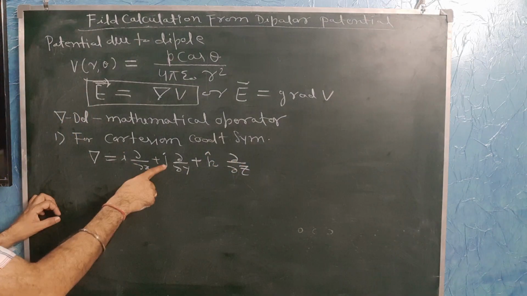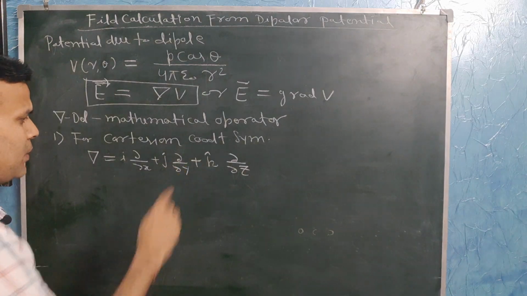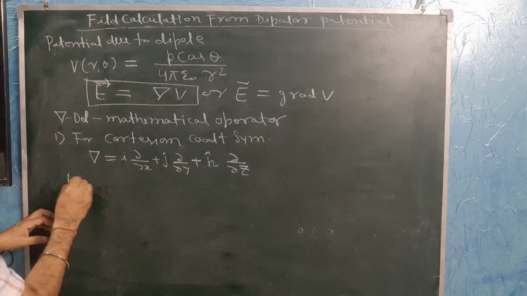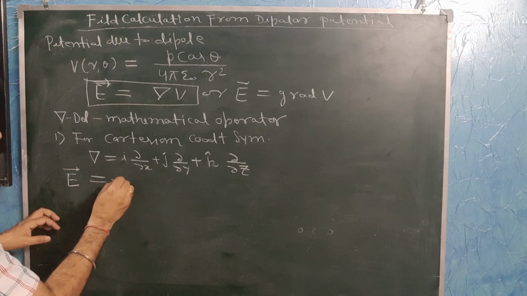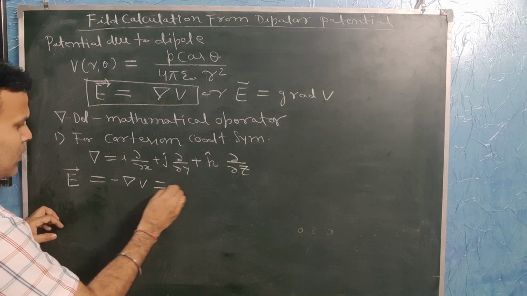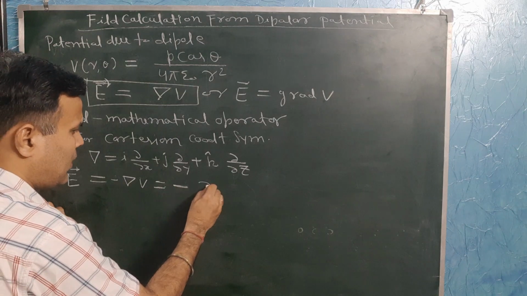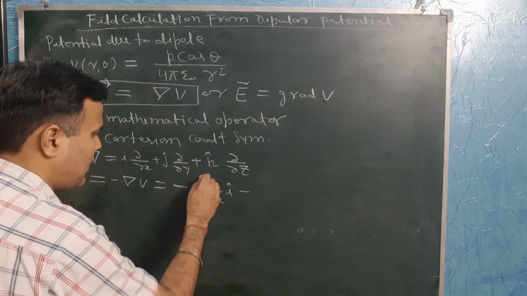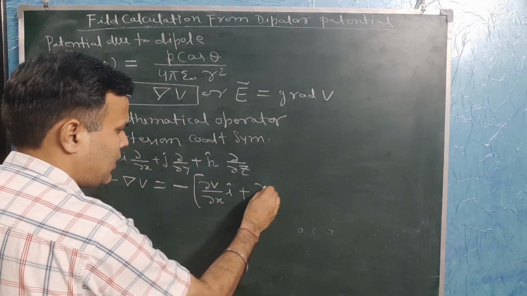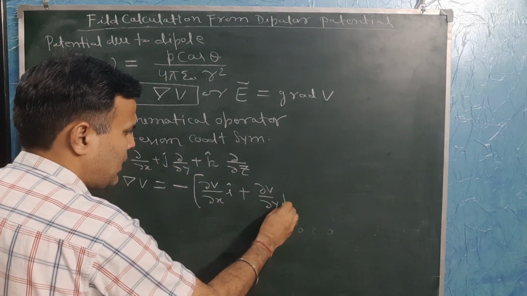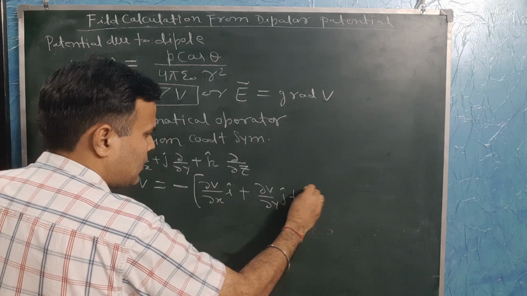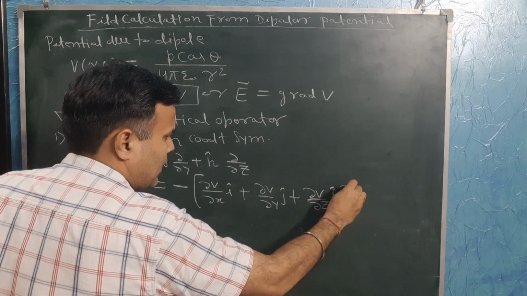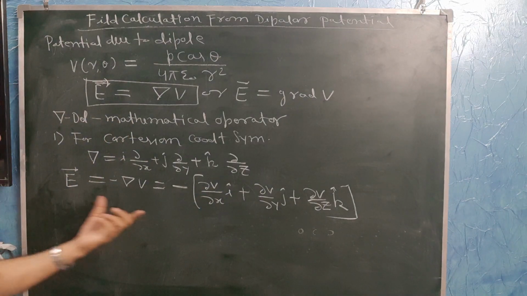This i cap is a unit vector, j cap is a unit vector, and k cap is a unit vector. So electric field in Cartesian coordinate system is simply minus del V, so minus del V by del x i cap plus del V by del y j cap plus del V by del z k cap. So in this way we can find it out.